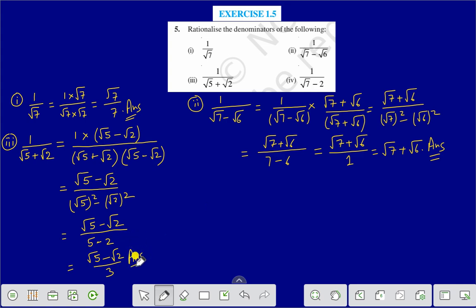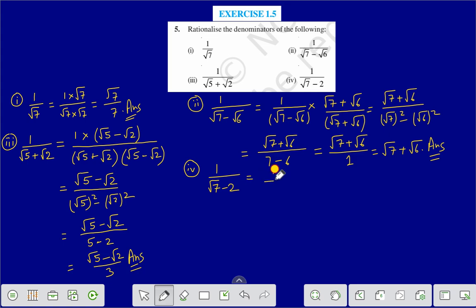Let us solve question number 4. Question number 4 is 1 by root 7 minus 2. If we want to rationalize the denominator, then we have to multiply the numerator and denominator both by root 7 plus 2.